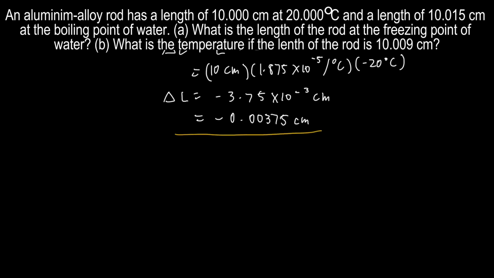The answer we get here is not yet the final answer, because we're looking for the length of the rod at the freezing point of the water. This here is only how much it expands when it is at the freezing point of the water. Negative means it decreases. So to get the final answer, we need to add the original length plus the one we get here.